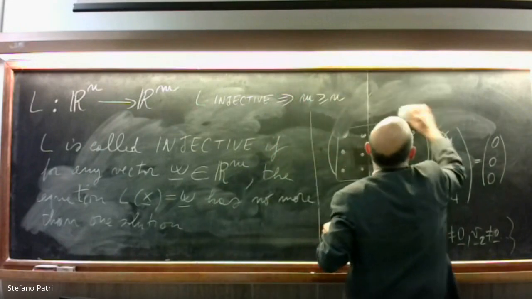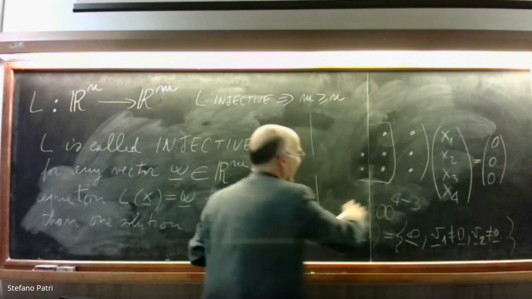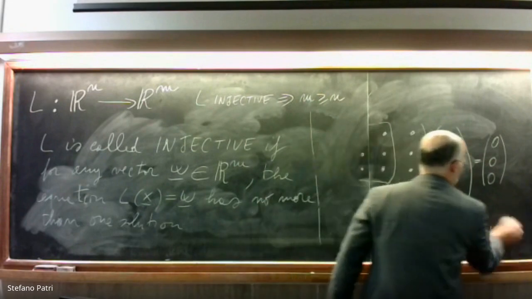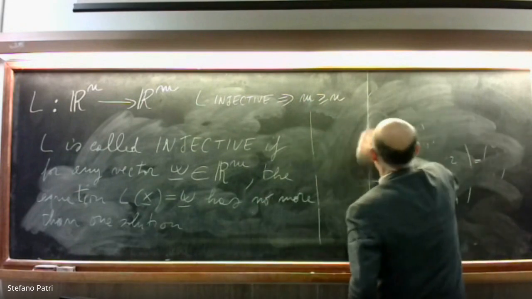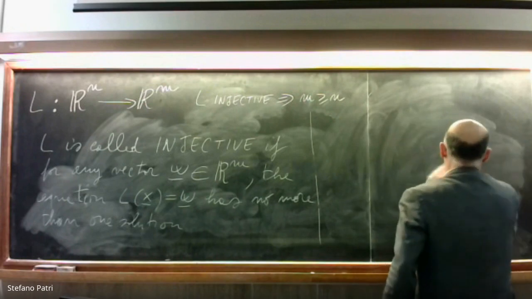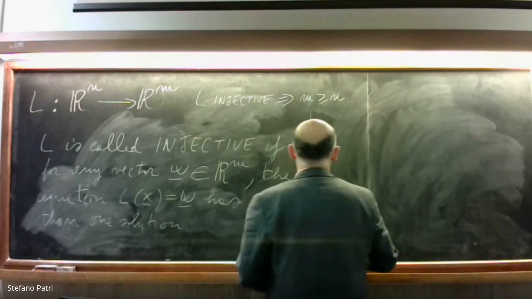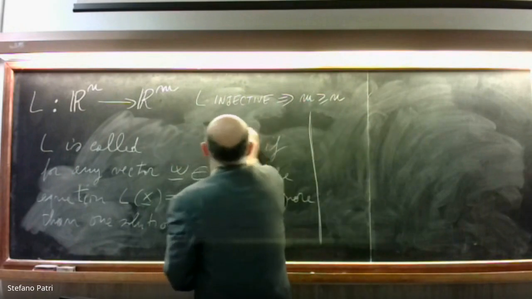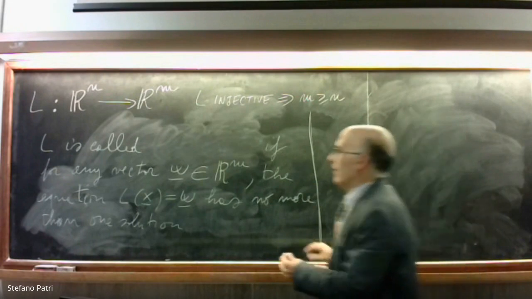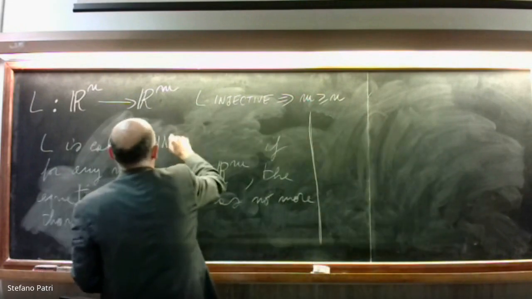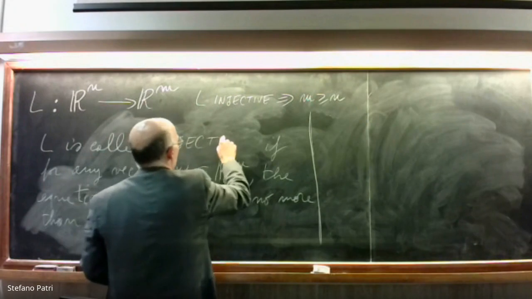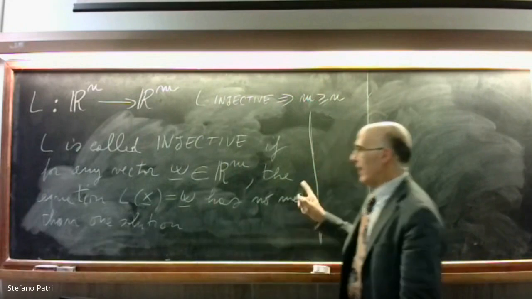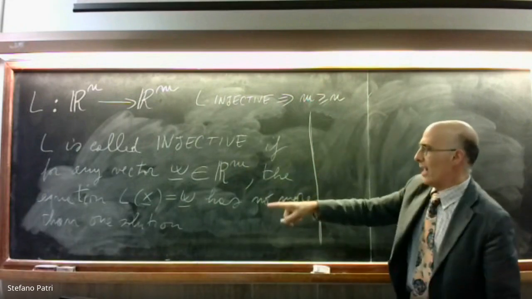Well, now I cancel this analysis. And here, I cancel injective, and sorry, here I keep the definition. Injective: for any vector W, the equation has no more than one solution.